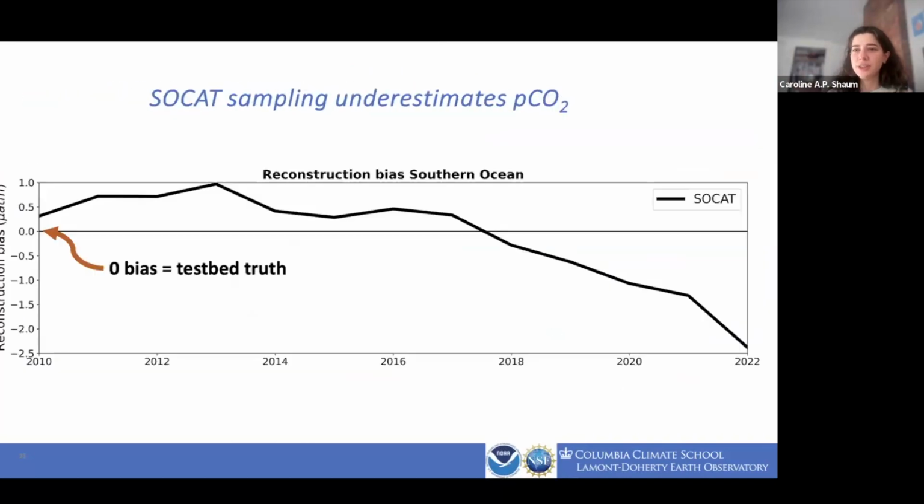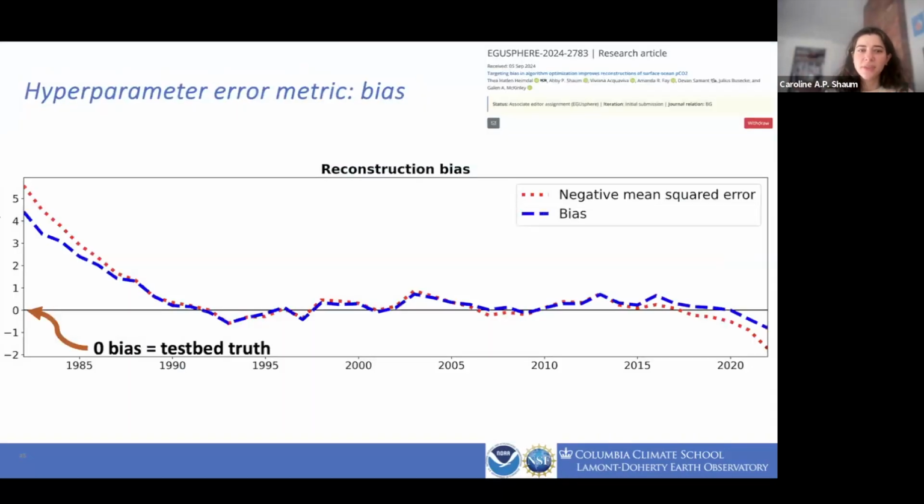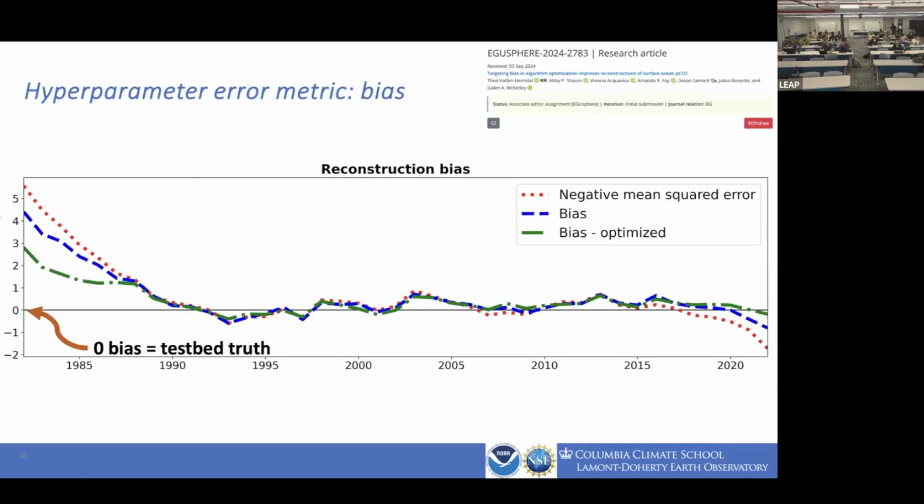I didn't totally hear what you said, but something about the large bias at the beginning, and the negative bias at the end. Is that what you said? Yes. I wonder if there's a particular reason that at first it's positive and at the end it tends to be negative.